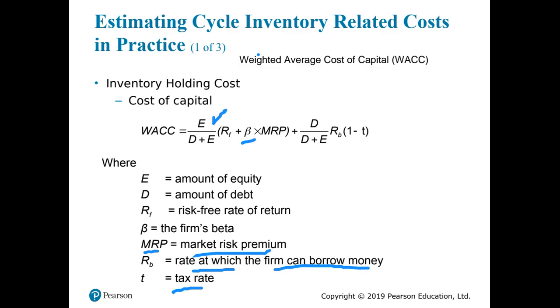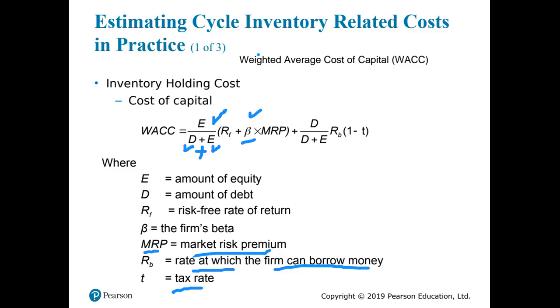D is the amount of debt or loans, so debt plus equity is divided by E. RF is the risk-free rate, and B is the beta, which is the risk measure we talked about: how risky the firm is as compared to the market.